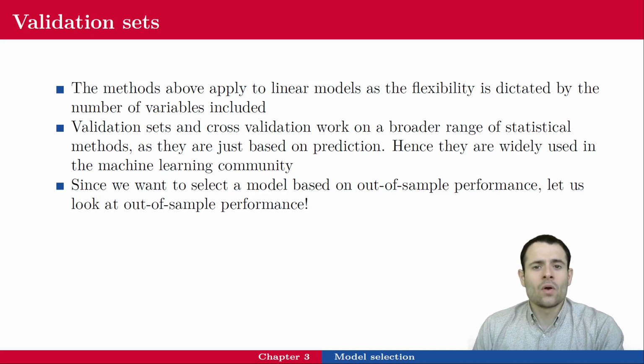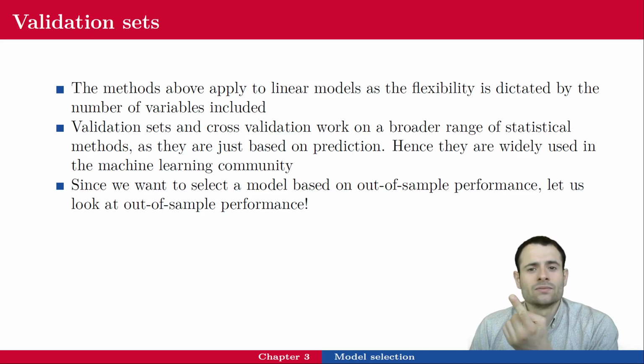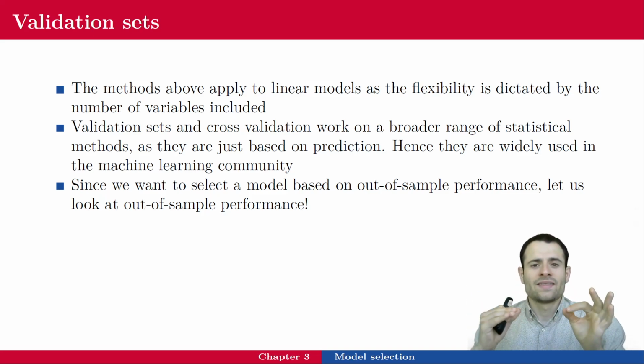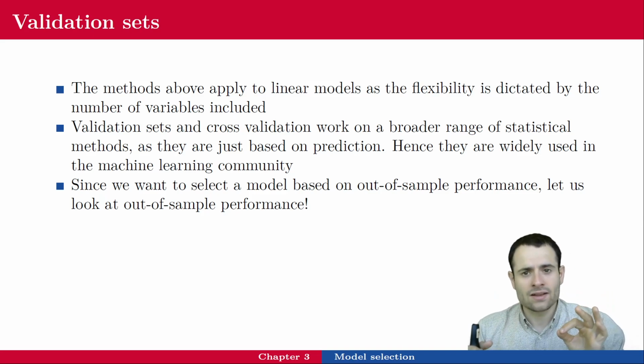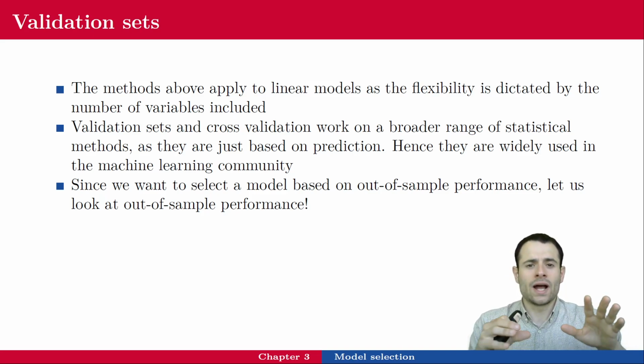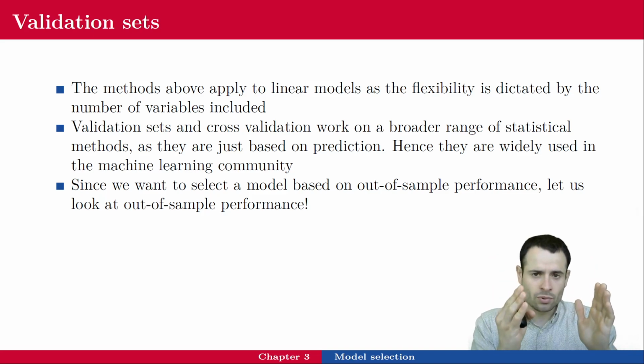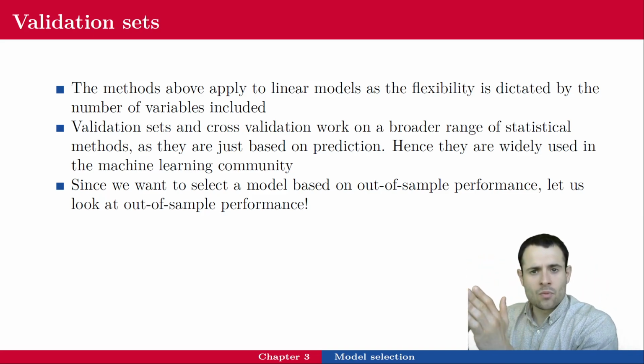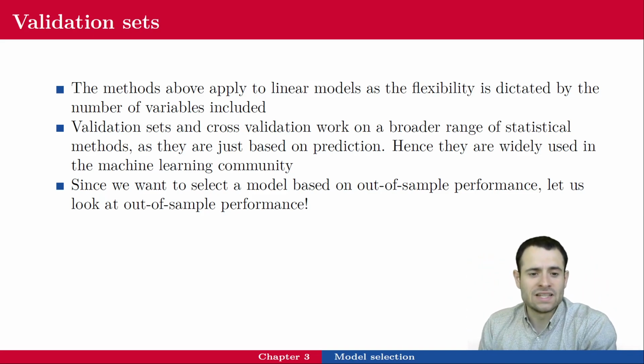So far, we only had one sample, the training sample, and we were using formulas that were taking into account the fact that overfitting was likely. Now, we are going to explicitly avoid overfitting because we are not going to look at how we predict the training sample, rather how we predict another sample, the out-of-sample performance. It's often called OOB, out of bag, or OOS, out of sample performance.